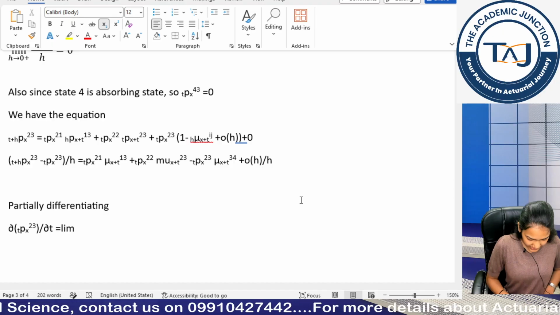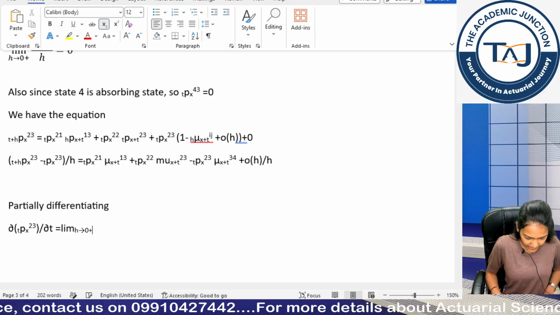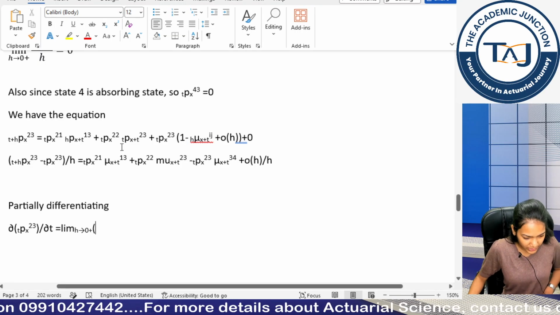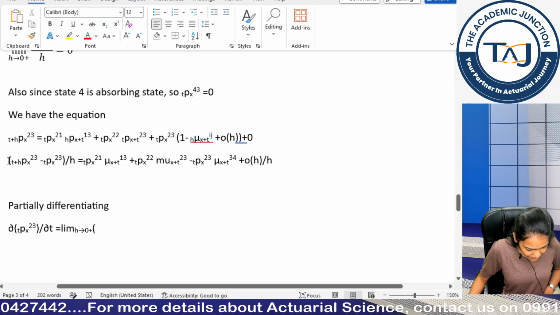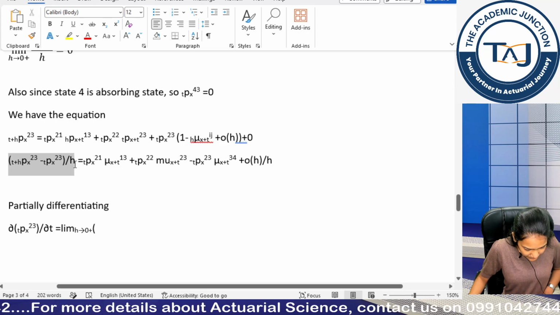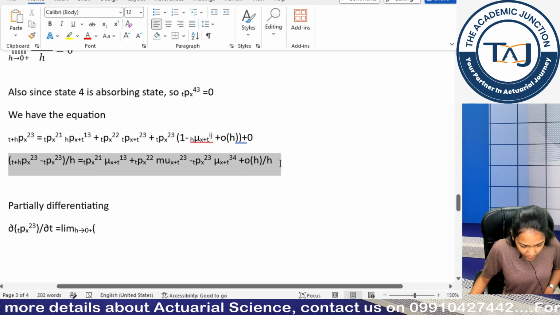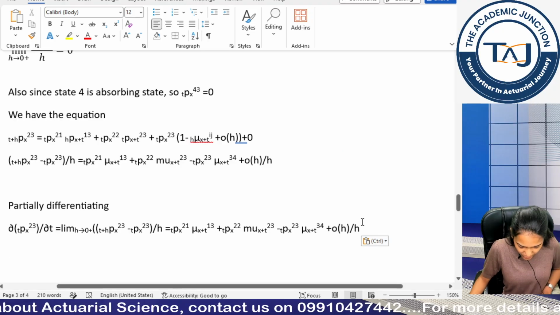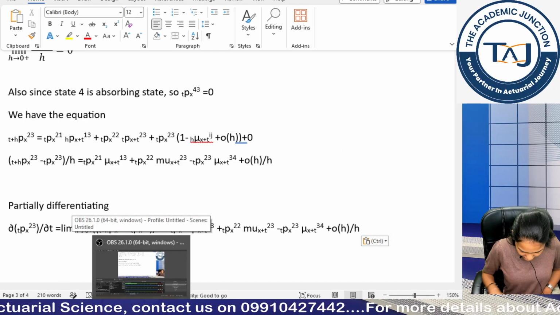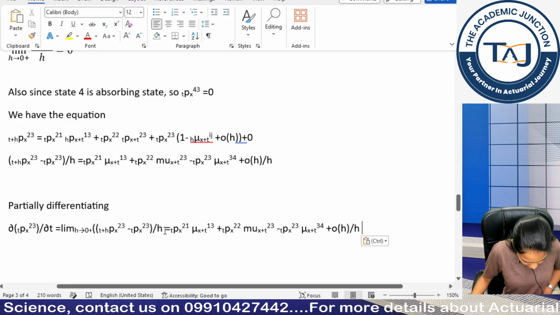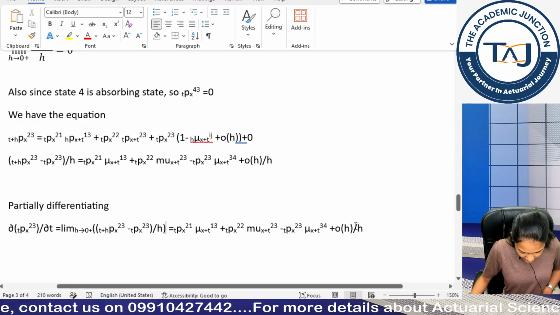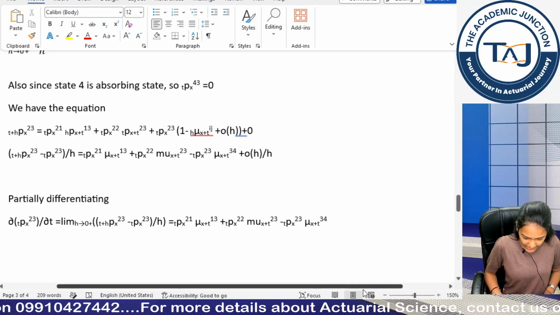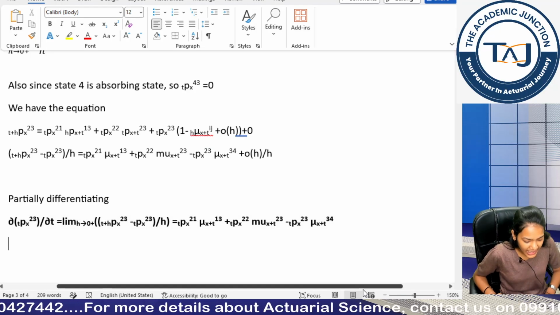So control shift minus, I can write h tends to 0 plus here as well, and then I use these brackets. Otherwise you can use that approach as well that we used earlier. So I just need to copy paste everything, and this also remains the same, only my OH by OH will get out because my limit of OH by OH is 0. So again I need to place a bracket here, and this will get eliminated because I have already taken my assumption. So this is my equation derived.